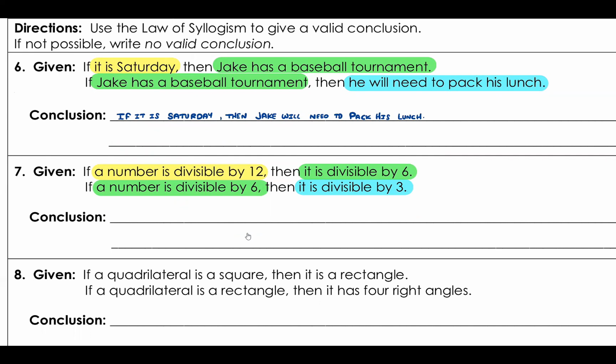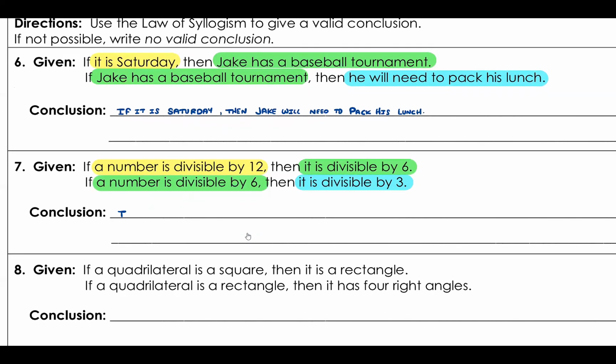So what's my new conditional statement? If a number, what? Is divisible by 12, then what?